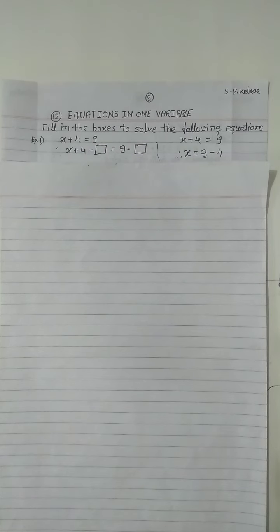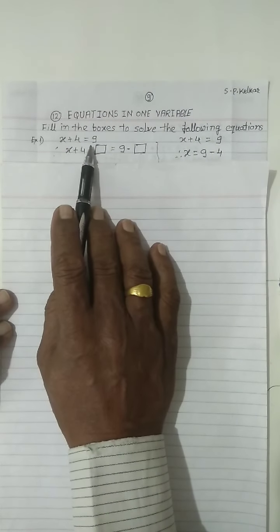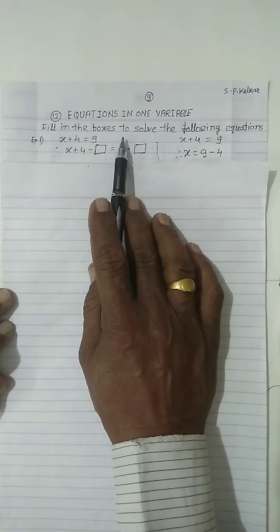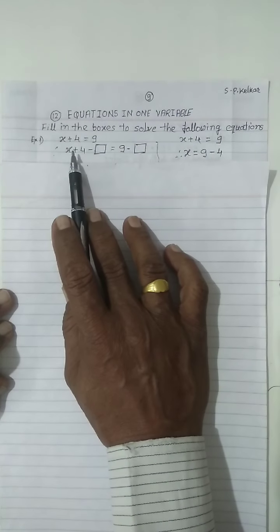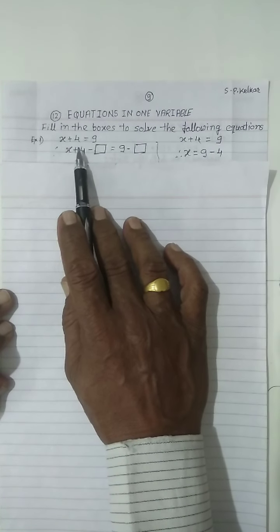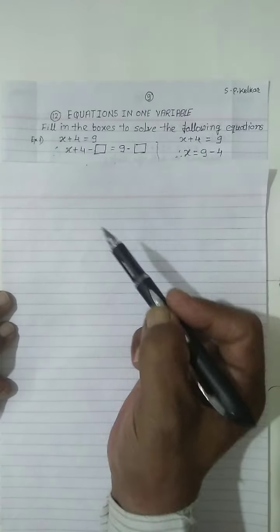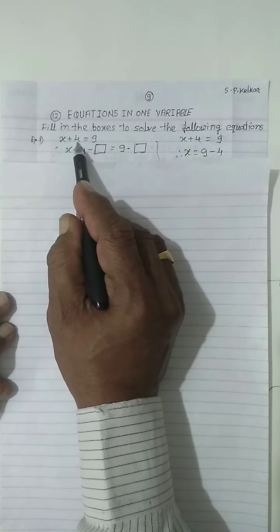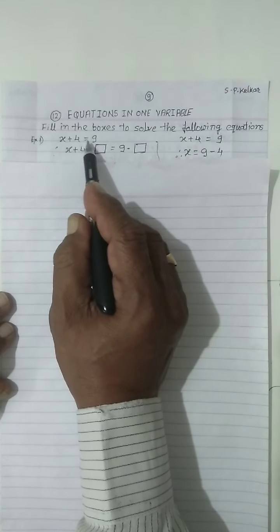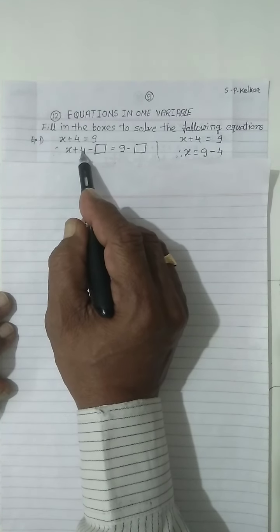Now see some examples. x plus 4 equal to 9. Fill in the boxes to solve the following equation. See the example, x plus 4 equal to 9. We want to cancel this 4, which is on the left side of the equation. For that, we must subtract the same number.